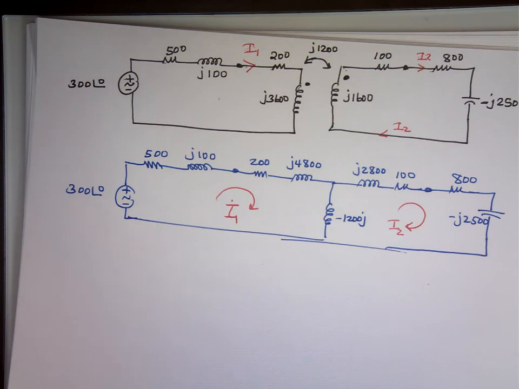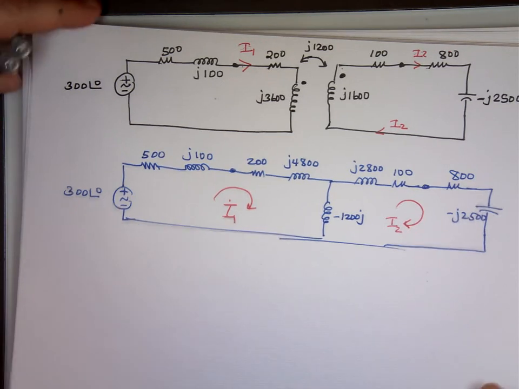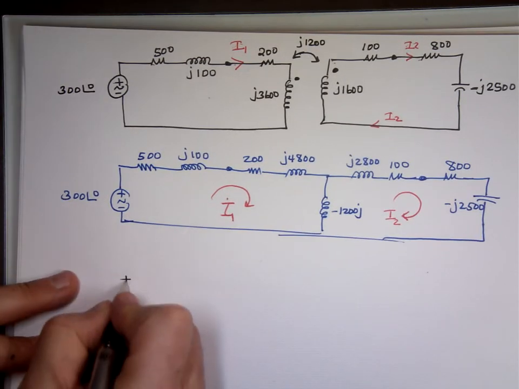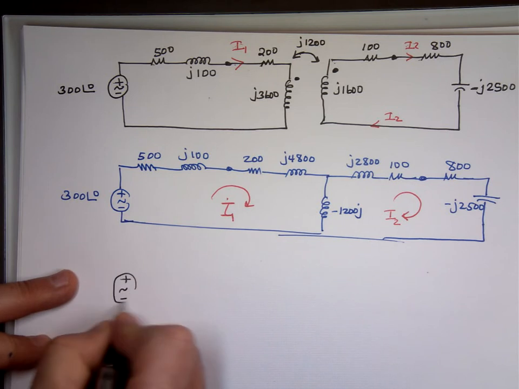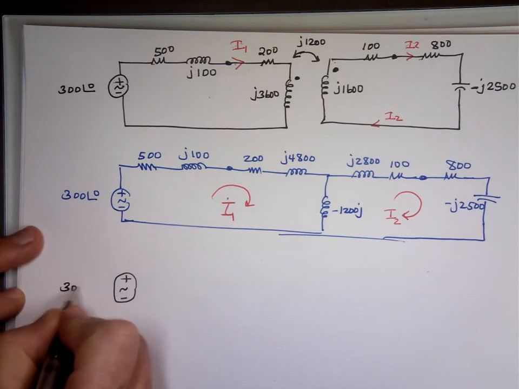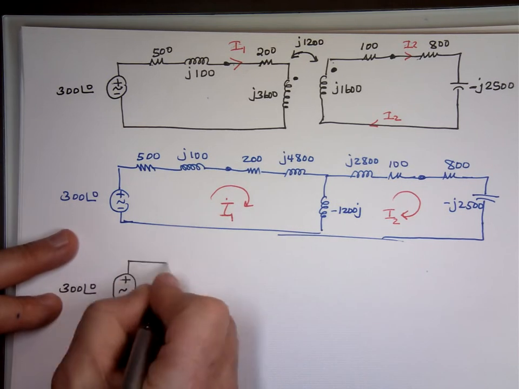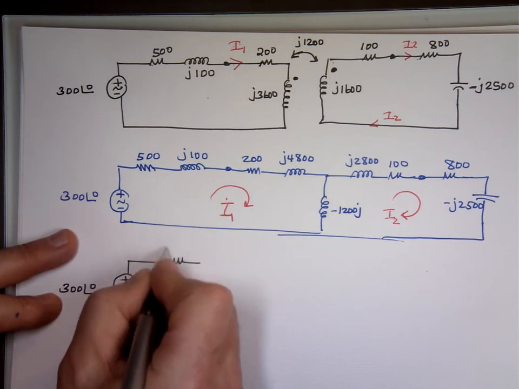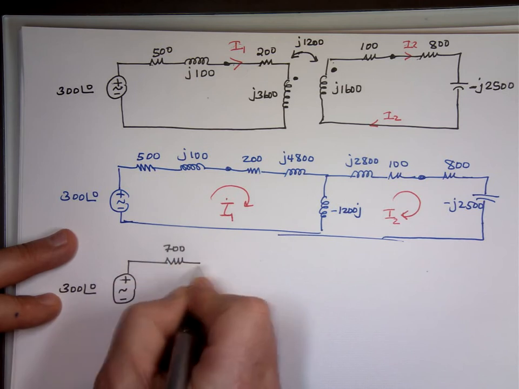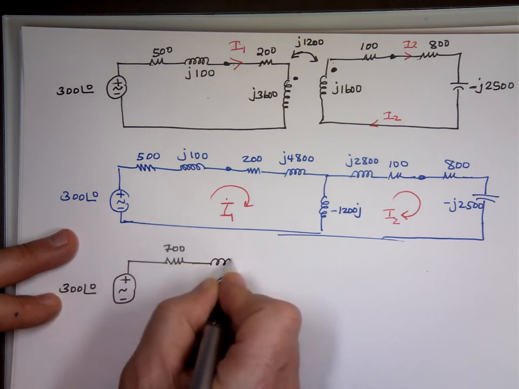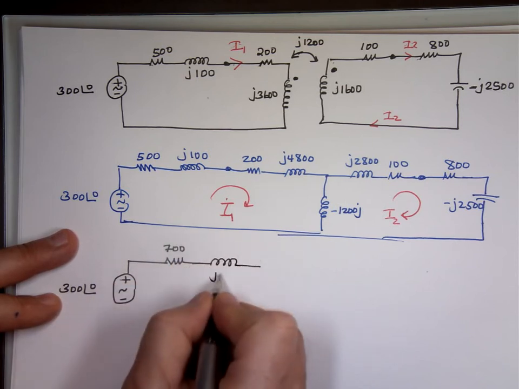And no more mutual inductance. If you want to combine things to make your life more manageable, because that looks a little bit ugly, what's 500 and 200? And the inductors, you can combine them into one. J what? J4900.